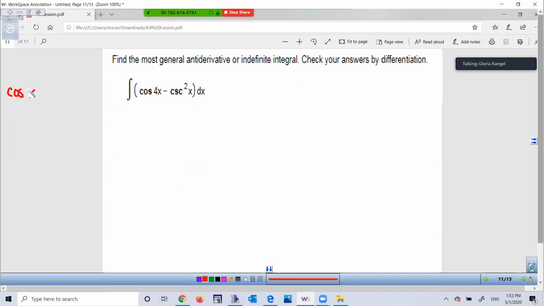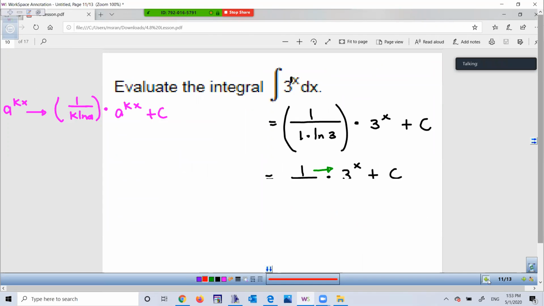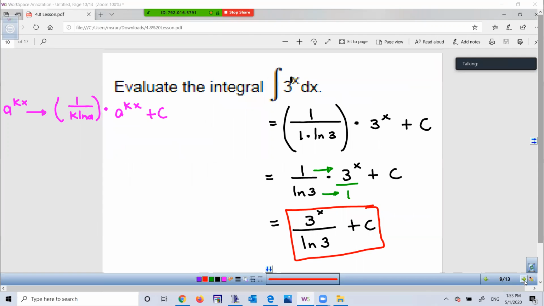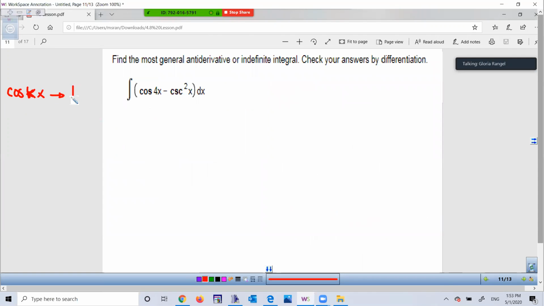Cosine of kx, antiderivative is going to be 1 over k times sine kx plus c. This is the one that I'm going to use for the antiderivative of all this.